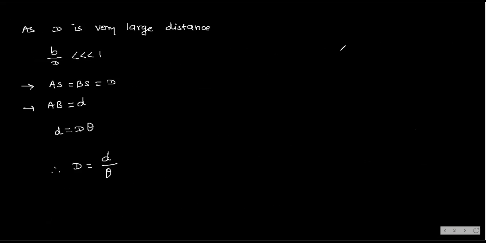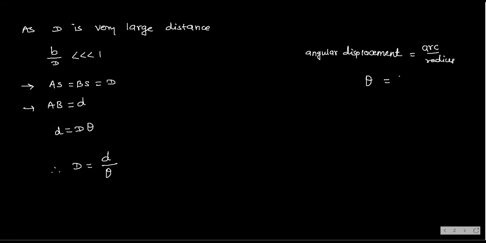See, if we know this formula from mathematics, angular displacement is equal to what? Arc by radius. Take it. Angular displacement is what here? Theta. Arc is what going to be?